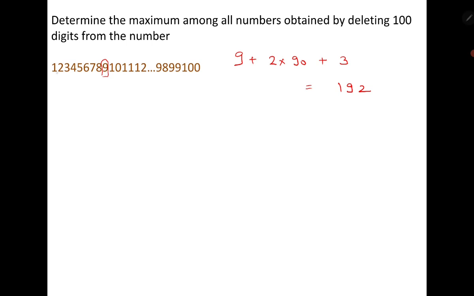So for example, it's good to delete these 8 digits because I get my first 9. After deleting 8 digits, this is what I got. Next is to delete 10, 11, 12 and so on up to 18, and in 19 we just delete 1.